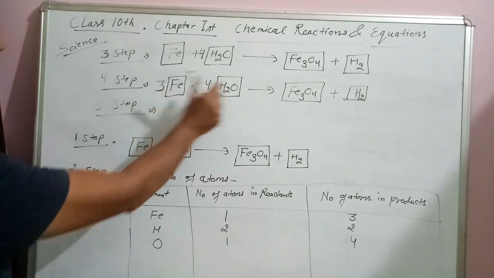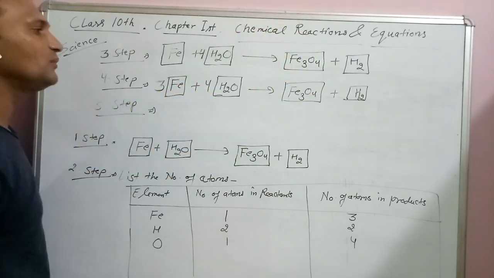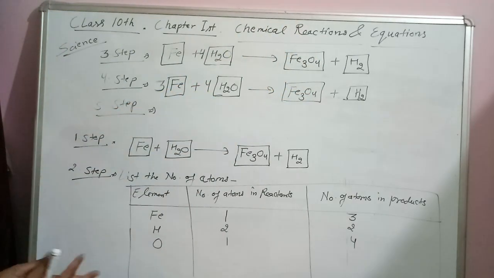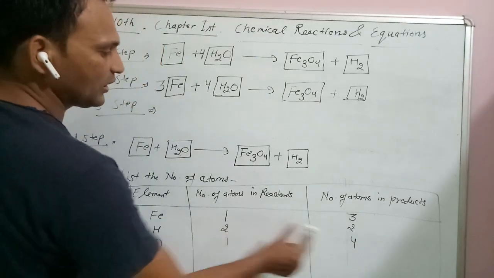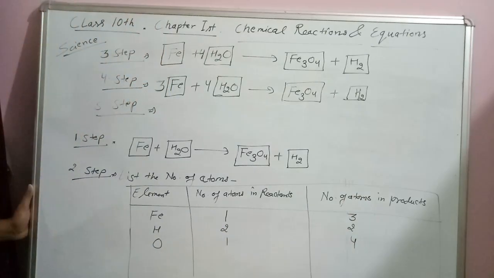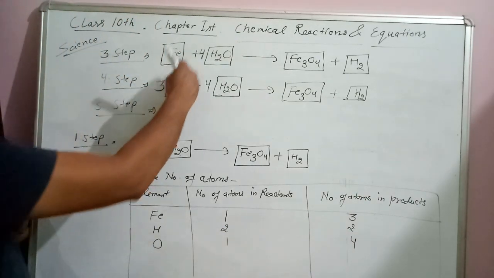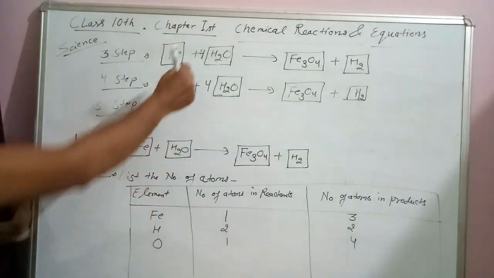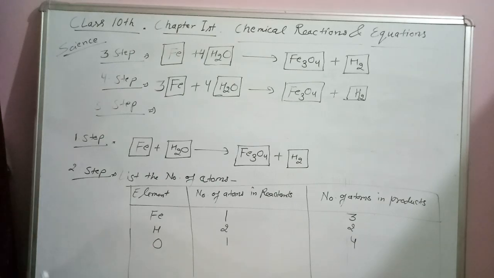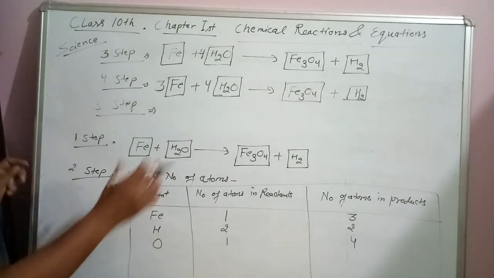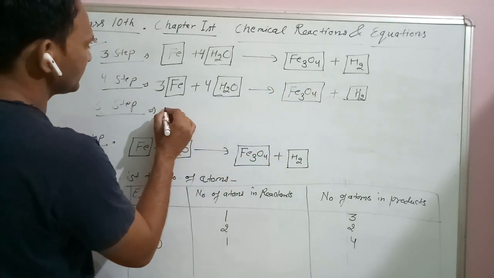Now Fe has become balanced, and oxygen has also become balanced. Now the remaining one is the hydrogen. It had 2 and 2, the same number of atoms in the reactant and product, before the changes in the number of atoms of iron and oxygen. Now we can check the number of hydrogens present in this reaction.